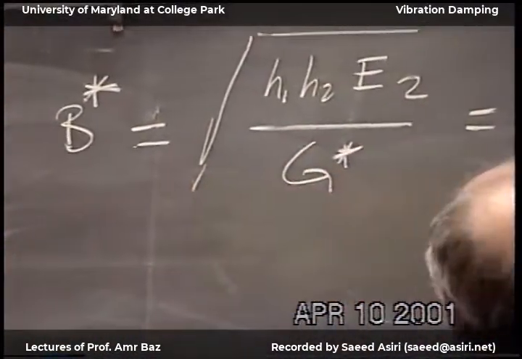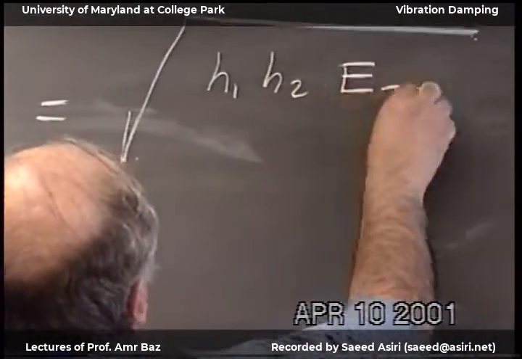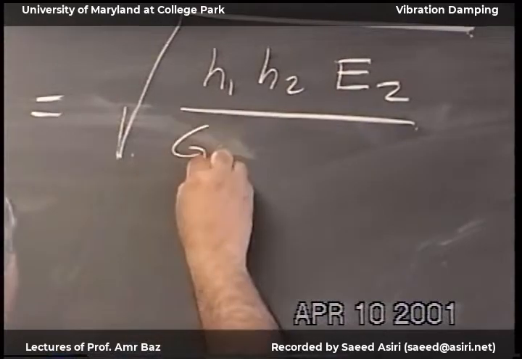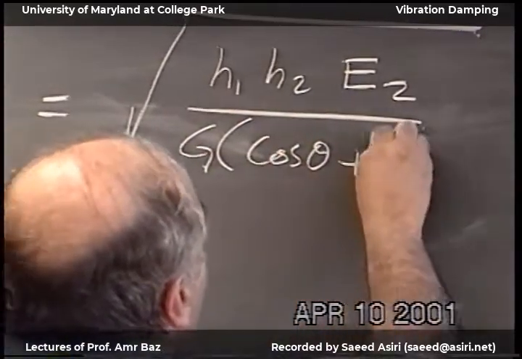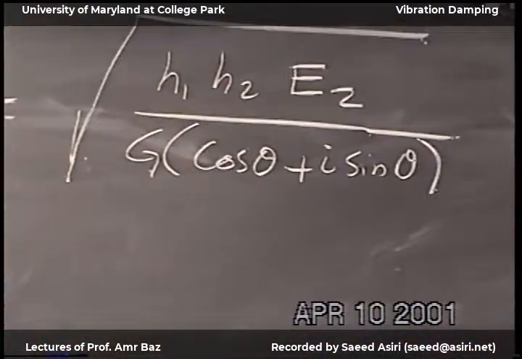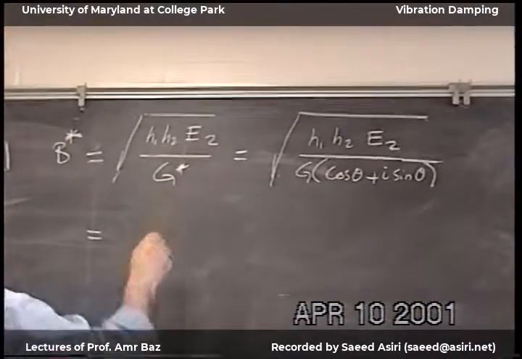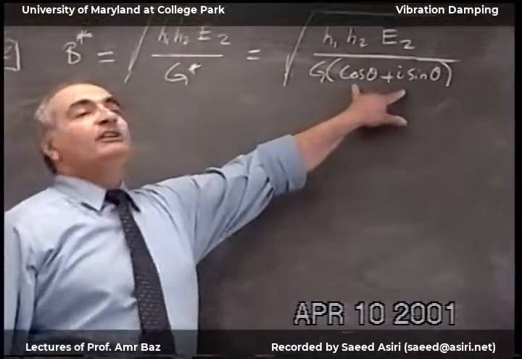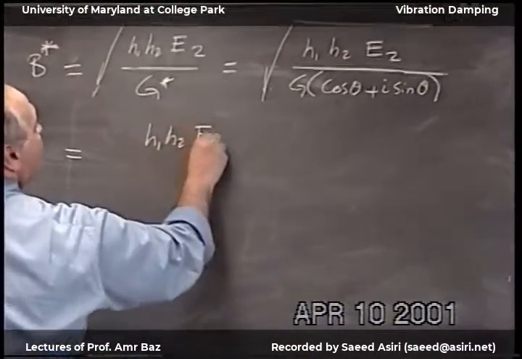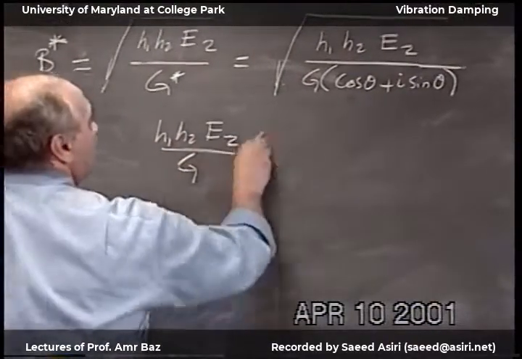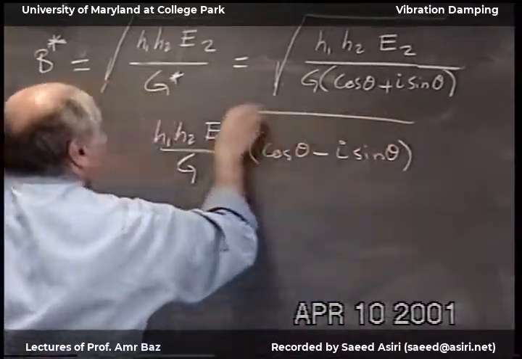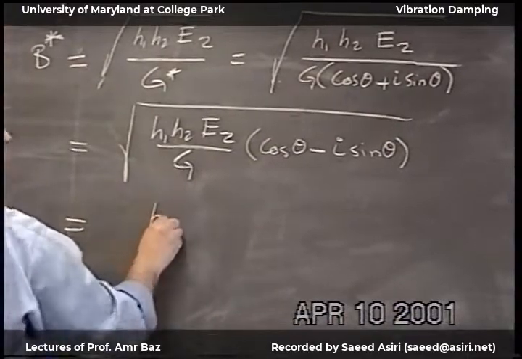This will equal to the square root H1, H2, E2 divided by G asterisk, which is G cosine theta, I sine theta. So now I'll multiply by the conjugate number, the numerator and the denominator. So the denominator will be cosine squared plus sine squared is 1. And this would be H1, H2, E2, and G. And then here we have cosine theta minus I sine theta, the whole thing, under the square root. This would be H1, H2.